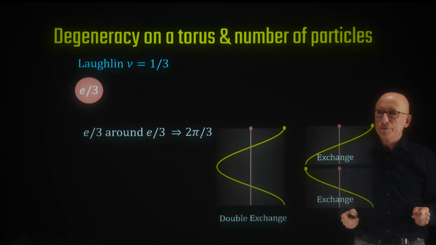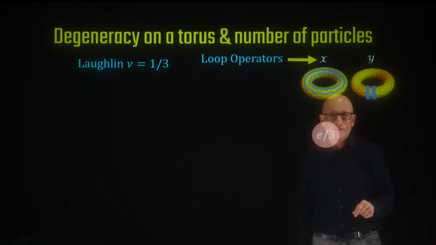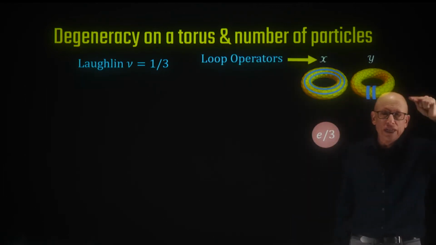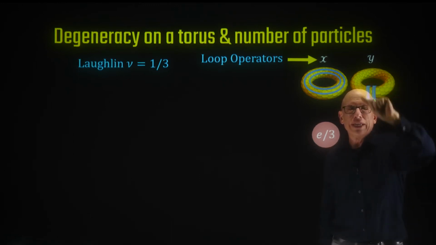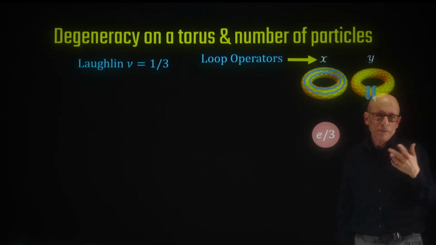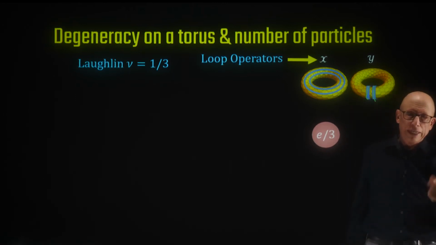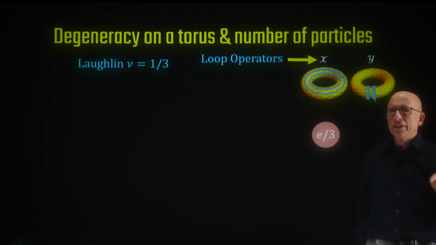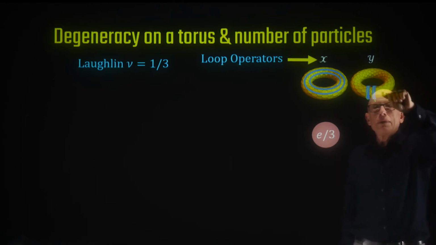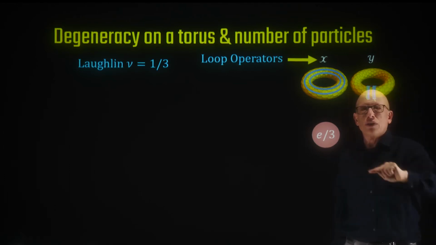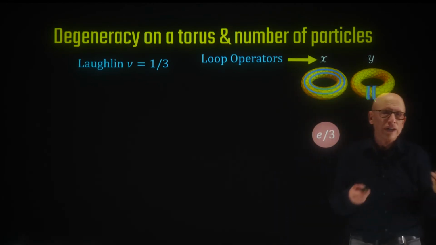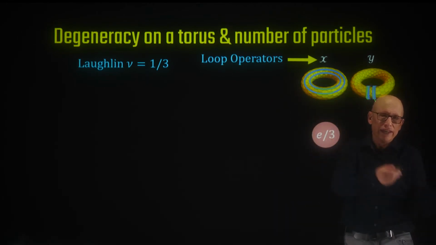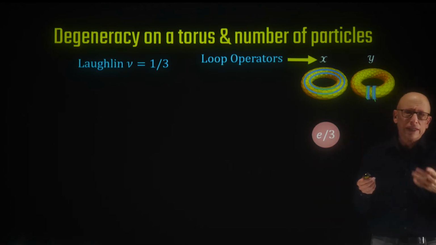Instead, what we can do is think about the torus and look at the commutation relations between loop operators. As we saw in the presentation of the toric code by Erez here in this chapter, there may be loop operators on the torus that go like that and loop operators that go like that. In his case, there were operators associated with the electric, magnetic, and product quasiparticles.